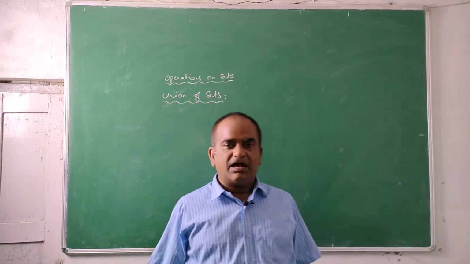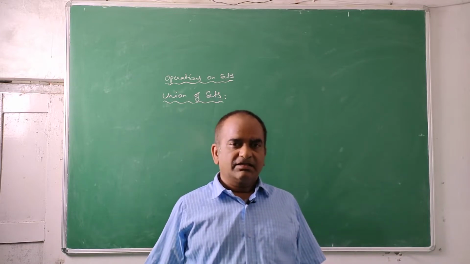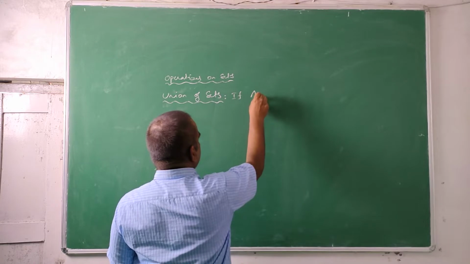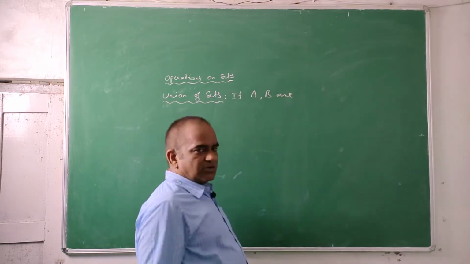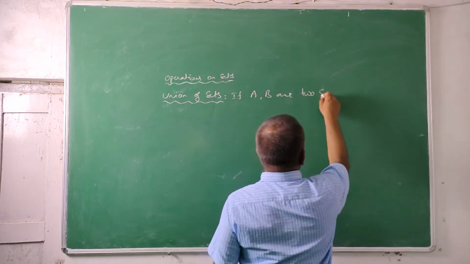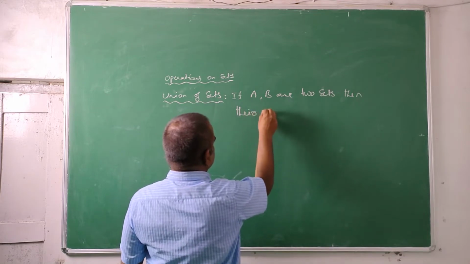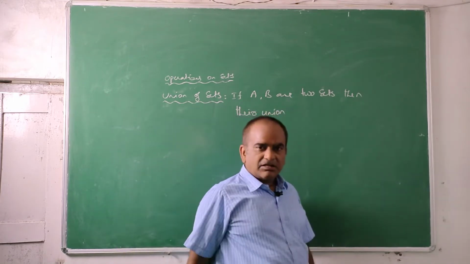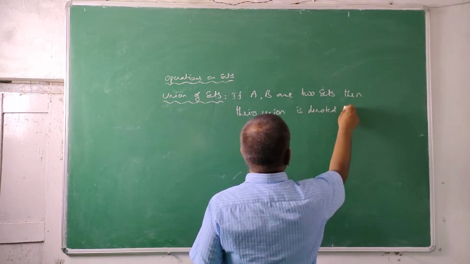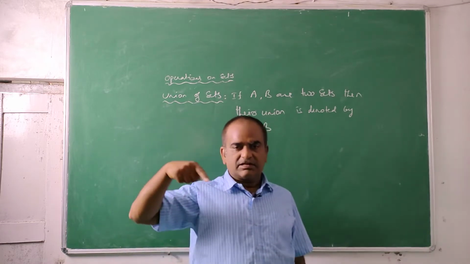See, let A and B be two sets, then their union is also a set. It is denoted by A union B, like cup.